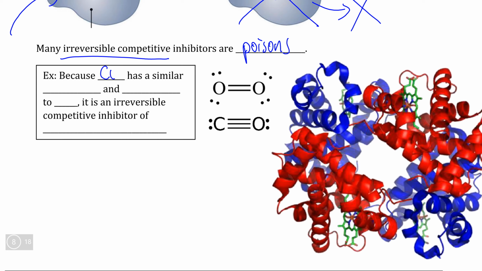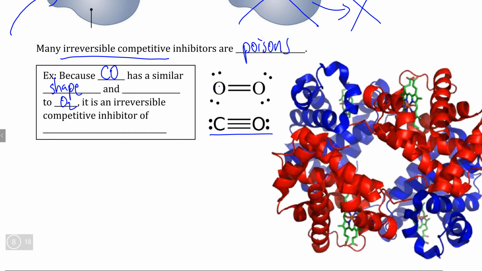Most people have an understanding that carbon monoxide is incredibly deadly because carbon monoxide, if we compare it to the structure of oxygen gas, has a similar shape. Both of them are diatomic, two atoms.